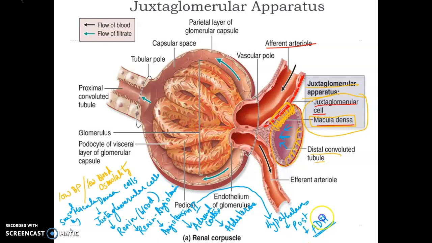And both ADH and aldosterone work together to reabsorb sodium, water, that helps to increase blood volume and blood pressure. This is how the kidneys regulate blood pressure.